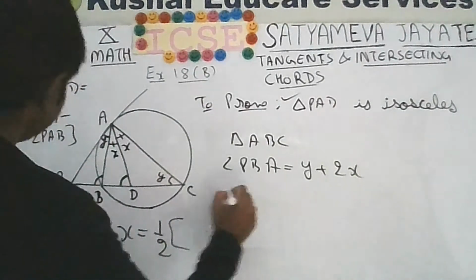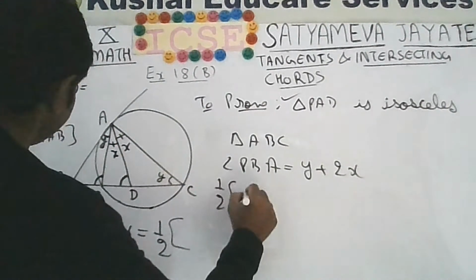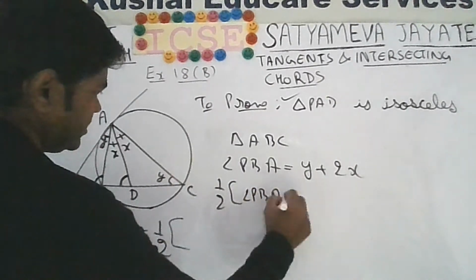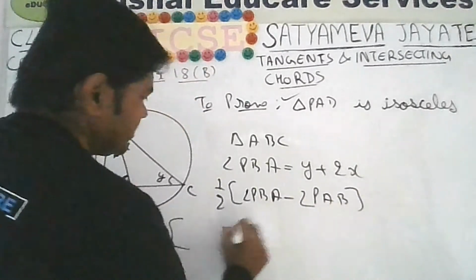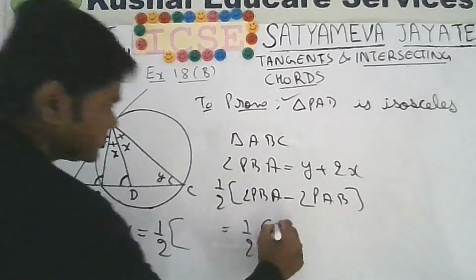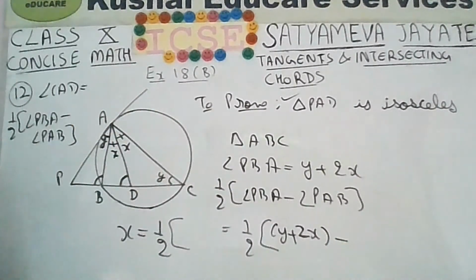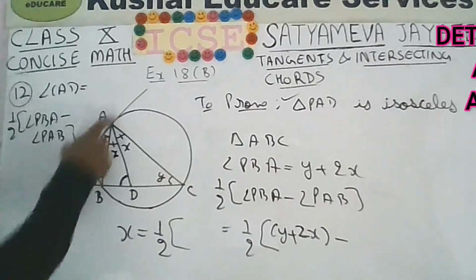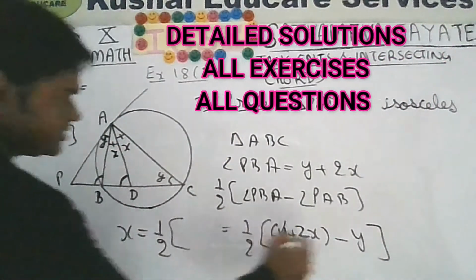So let us evaluate 1/2 of angle PBA minus angle PAB. This will be equal to 1/2 of, what is PBA? y plus 2x, minus PAB. What is PAB? PAB is y. So this y will cancel.